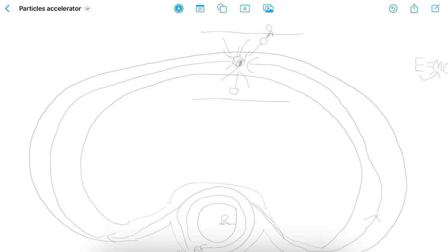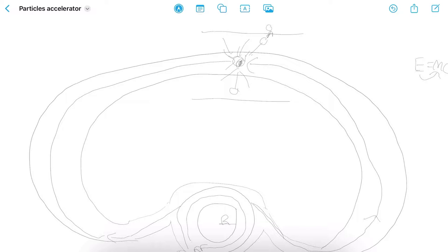But there are also some particles that can travel at that speed. Those particles are neutrinos. The neutrinos also have no mass, and they almost do not interact with anything.